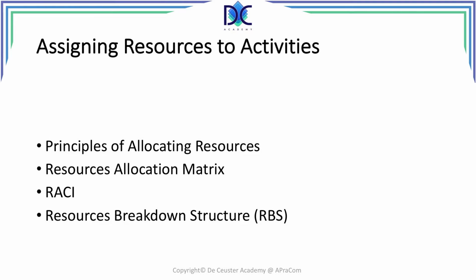The first one is the resources allocation matrix, or the RAM, and the second is the RACI. Once we have the resources allocated on the project and the activities, we can also define what we call a resources breakdown structure, what we will see at the end of this session.